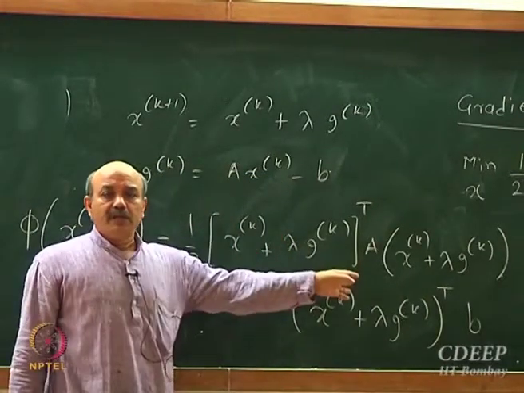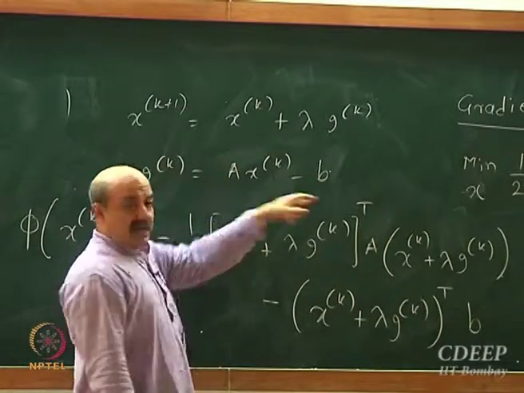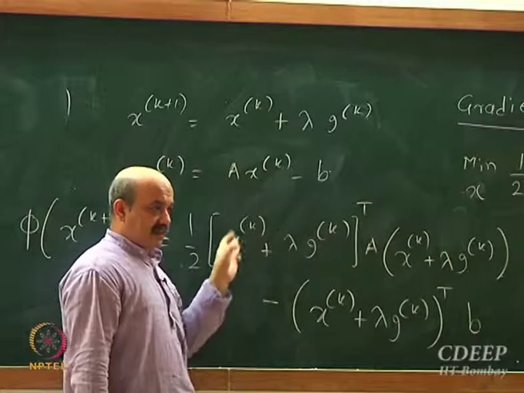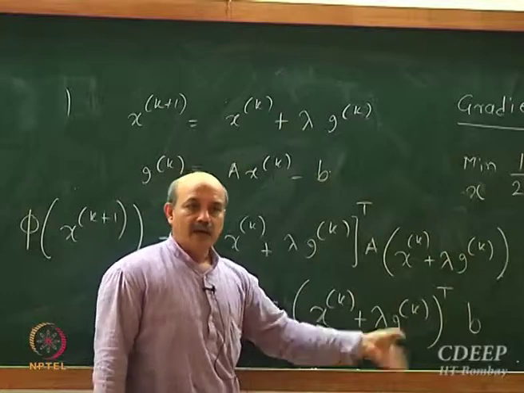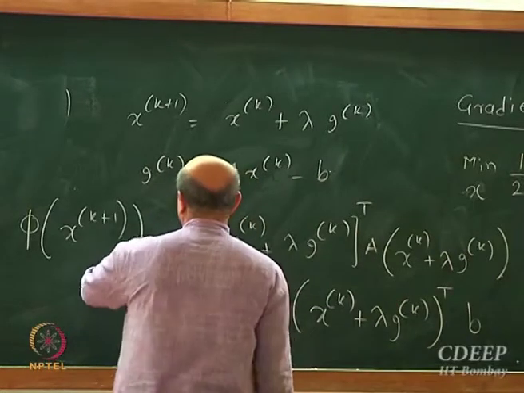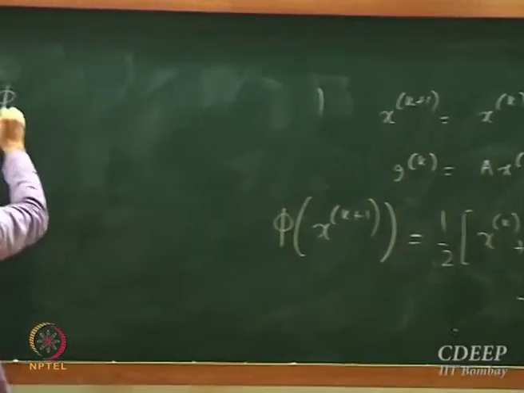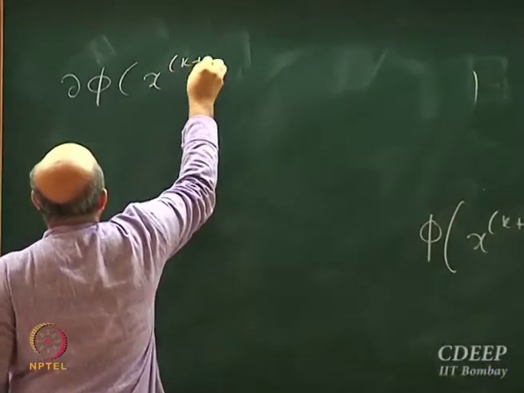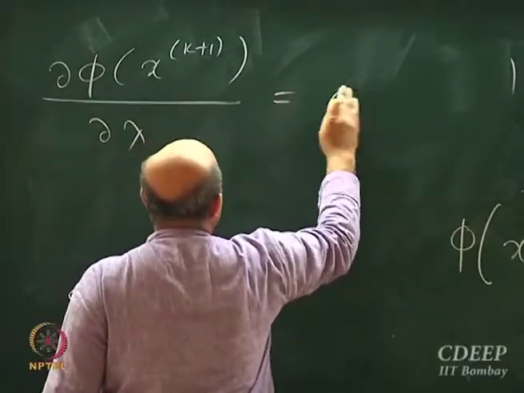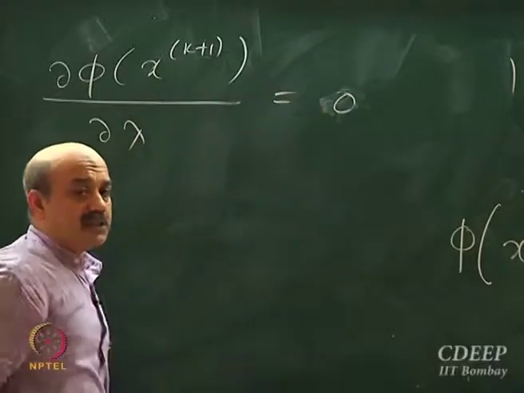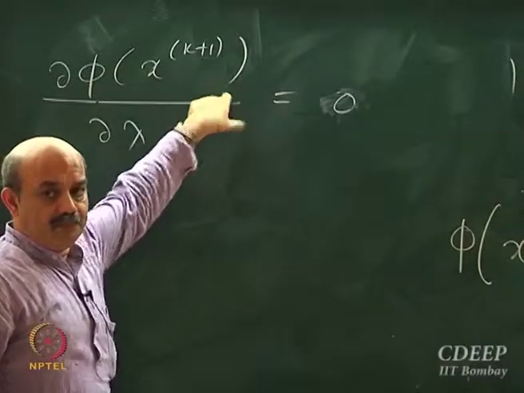What are the things which are known here? I know xk, and I know gk, because gk is a function of xk. I don't know only lambda. Can you tell me what will be dou phi of xk plus 1 by dou lambda? I want to set this equal to 0. What is this quantity? Just find out.